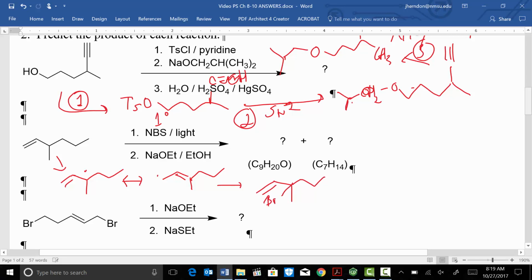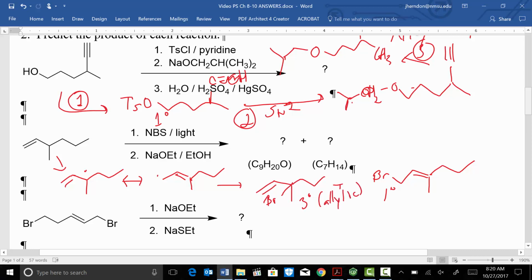A compound with the bromine there, plus a compound where the bromine is primary. This is primary, this is tertiary, also allylic, but we won't worry about that for now.